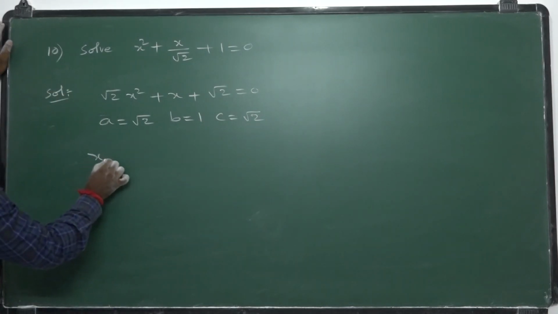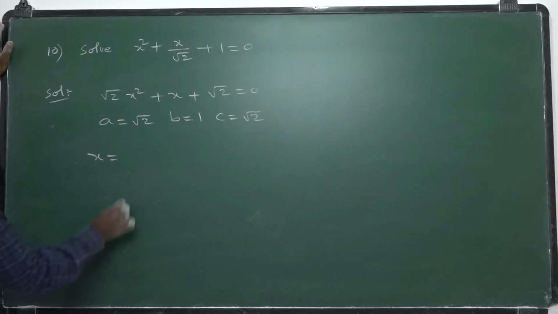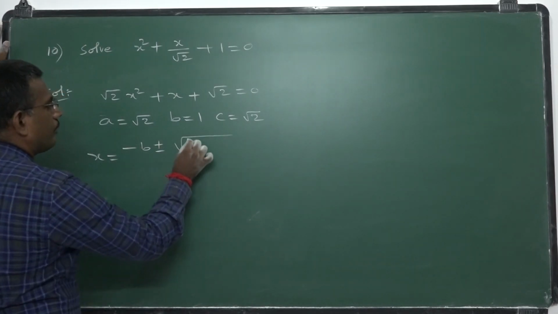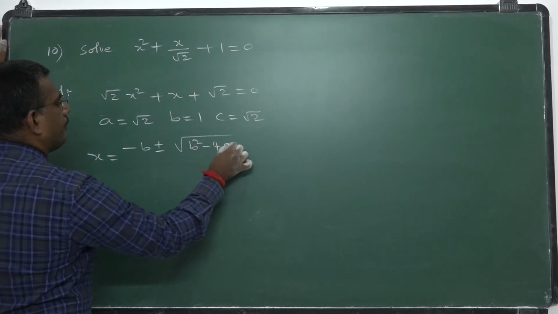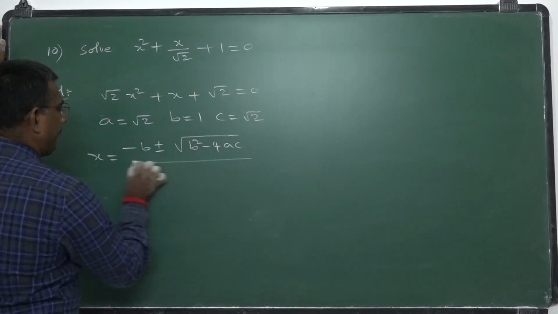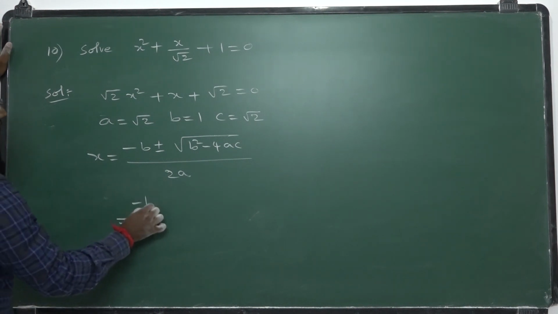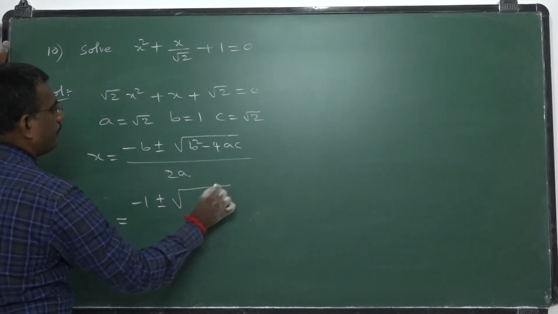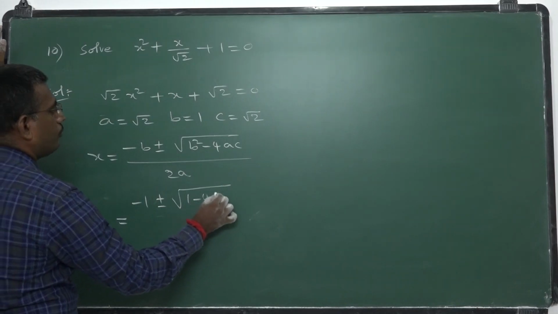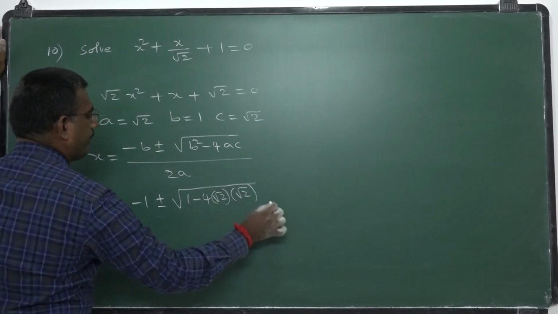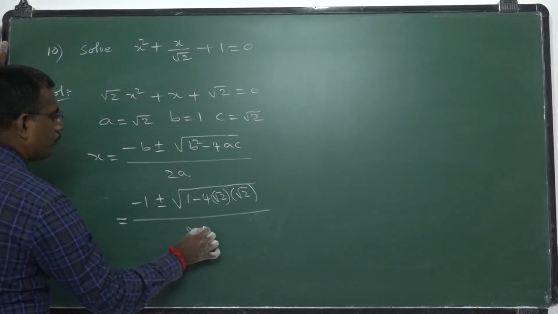Now we use the formula for finding the roots of the equation. x equal to minus b plus or minus root of b square minus 4ac by 2a. So this is equal to minus 1 plus or minus root of 1 minus 4 into root 2 into root 2 by 2a, 2 root 2.